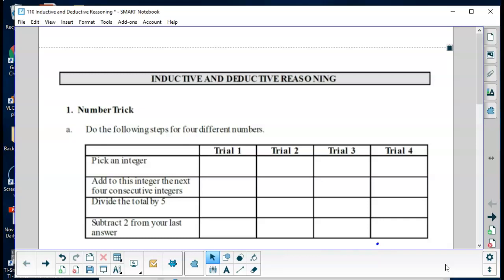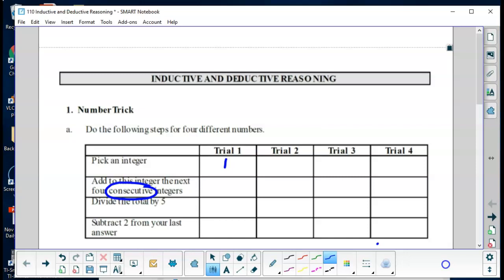So in this first one, do the following steps for 4 different numbers. It says pick an integer. So maybe you want to just start with a nice integer like 1. Then it says add to this integer the next 4 consecutive integers. This is a good word to learn. Consecutive means in order, up by ones, or a difference of 1.